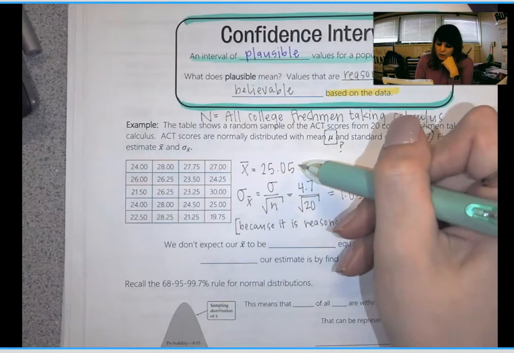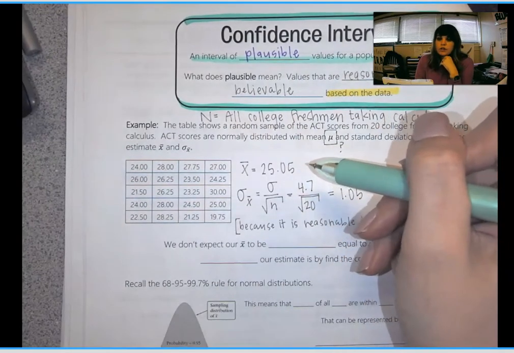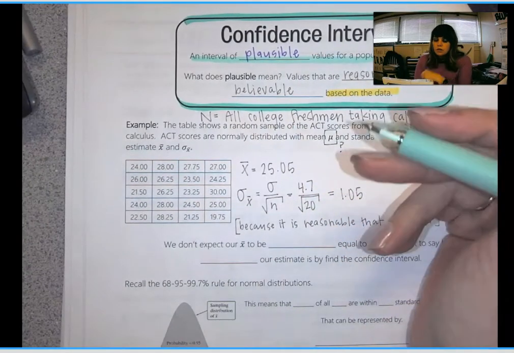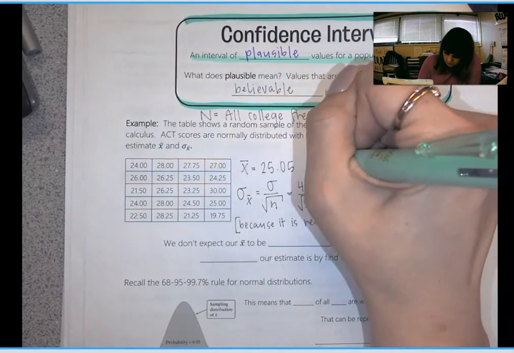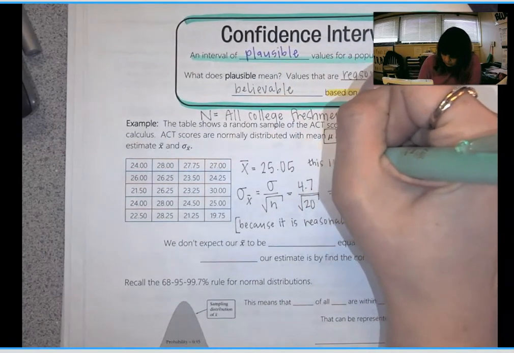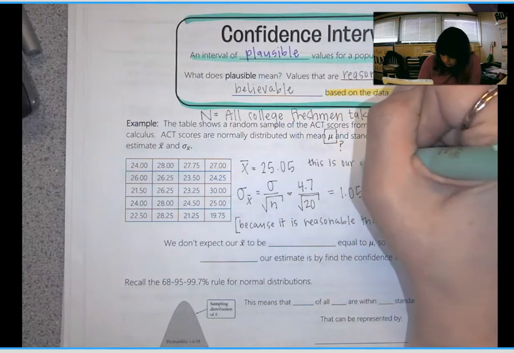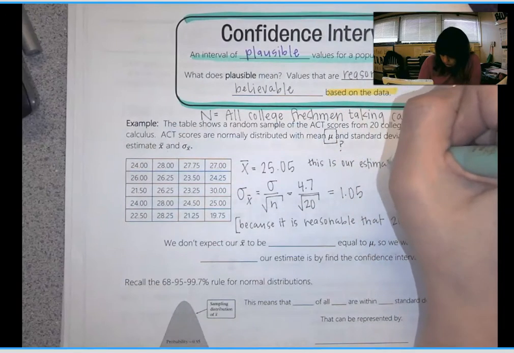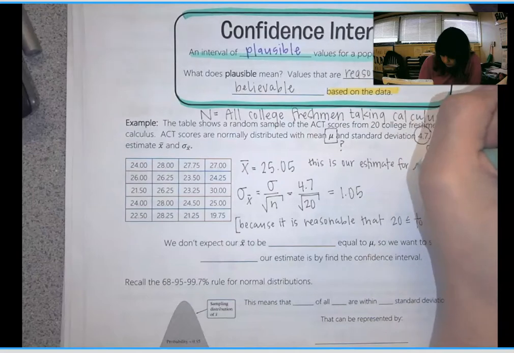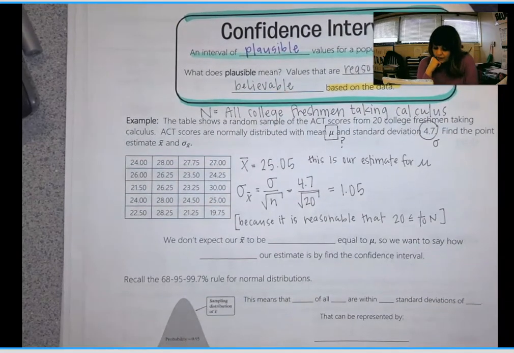This is our estimate for true mu. So 25.05 is our estimate for mu.